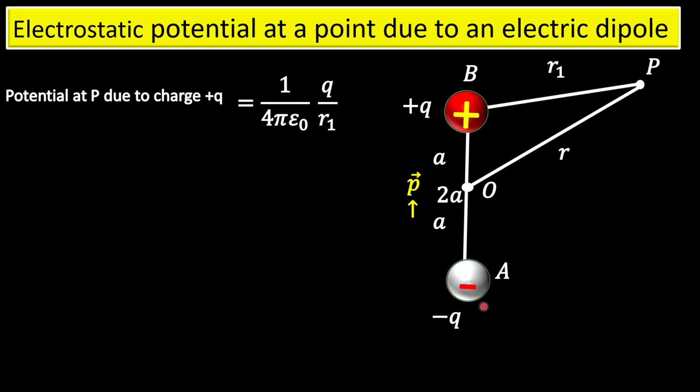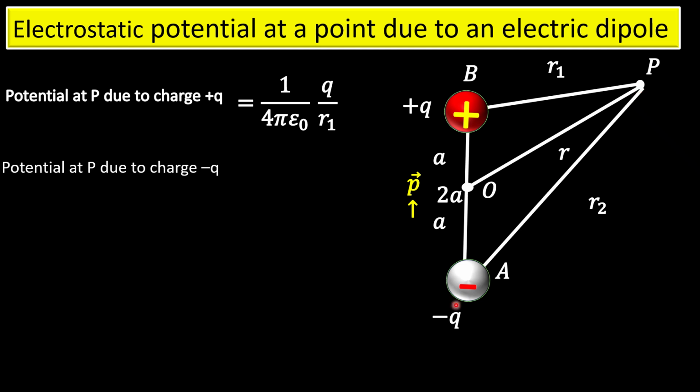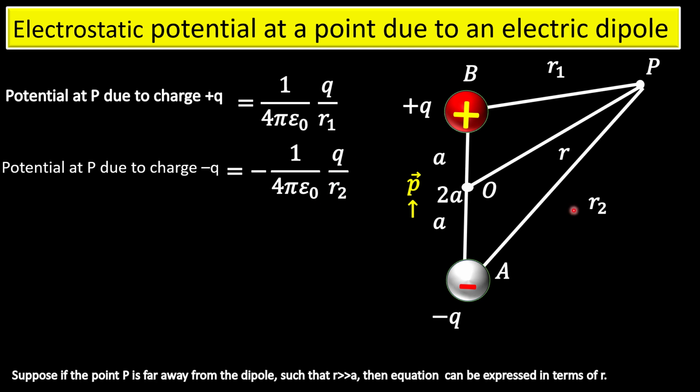The distance between the negative charge and point P is r2. So we calculate the potential at point P due to the negative charge as minus 1 by 4 pi epsilon naught into Q by r2. Next, we have to calculate the total potential at point P due to this dipole. So we have to add these two values.